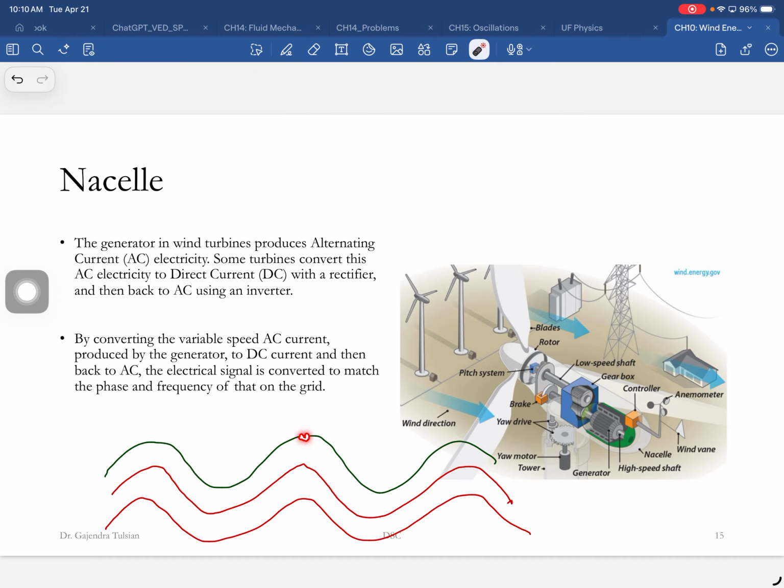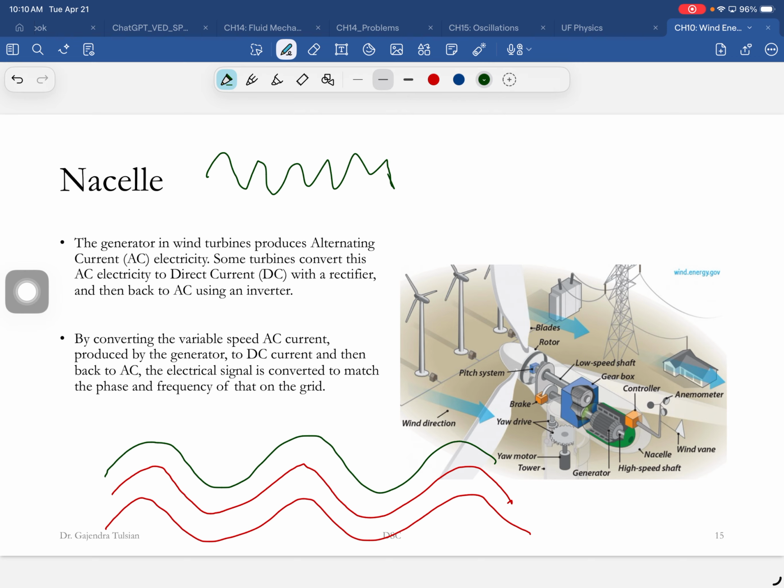In the grid, what is coming is 60 cycles, which means there are 60 waveforms every second. So let's say when you're rotating 1500 times, you're producing this waveform, you can't feed this here. So what you do is you convert this AC signal to a DC signal and then back to a 60 cycle signal. So that's what you do.